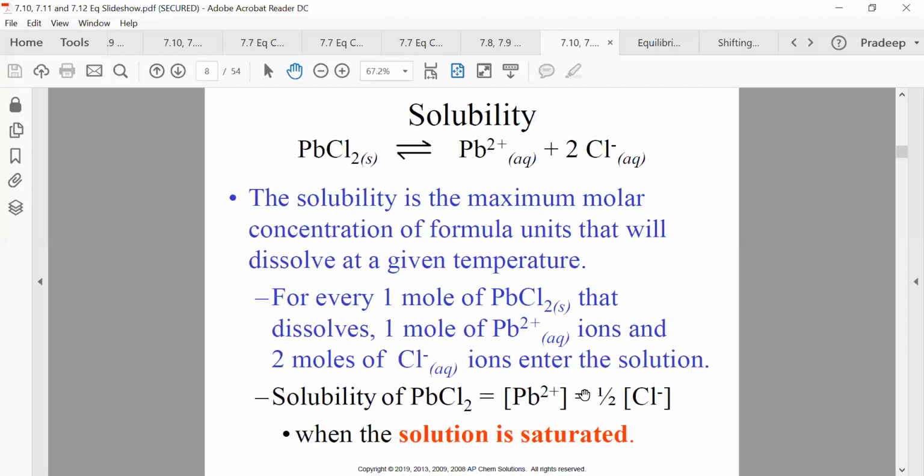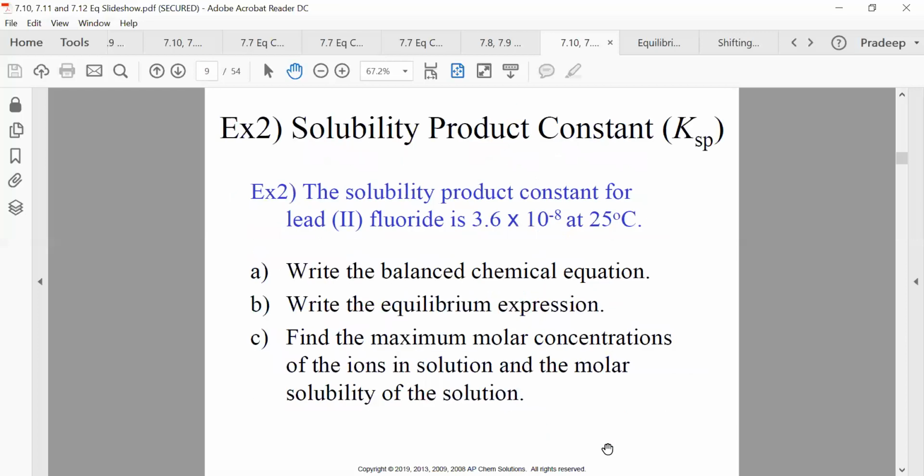So here, they are trying to equate this to PbCl2. 1 mole of PbCl2, the solubility of this will be the same as 1 mole of lead ions, because that will release lead ions, and also will be equal to half of the Cl minus concentration, because normally PbCl2 will release 2 moles of Cl minus ions. So that's why it is half. Okay. And again, as I said before, at equilibrium, this solution is saturated.